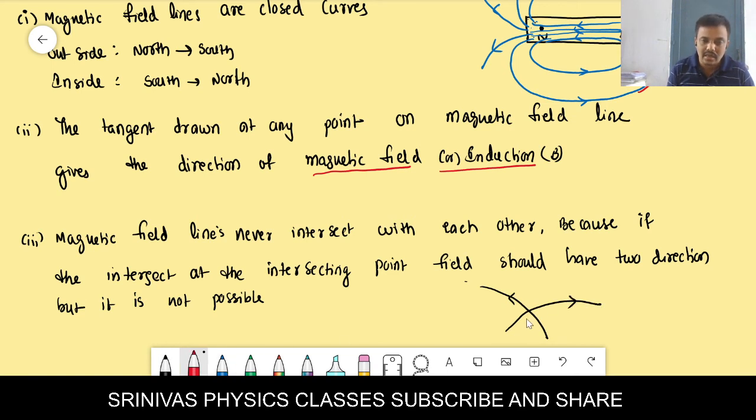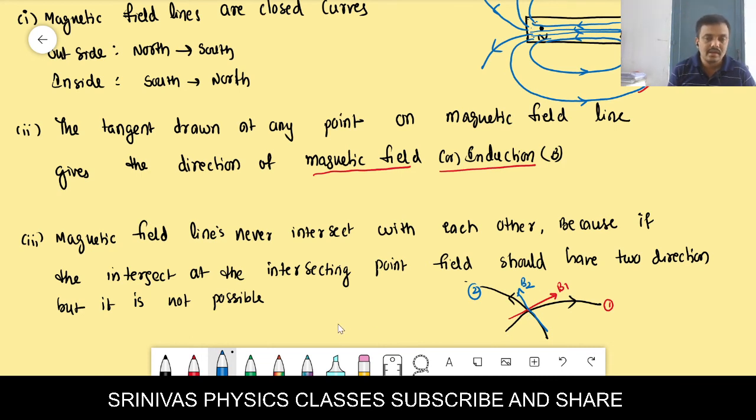Now we can draw the tangent for the first line, then the field will be like this. This is the field due to the first line. If you draw the tangent for the second one, the field will be like this. So at a single point, there are two tangents because of intersecting, right?